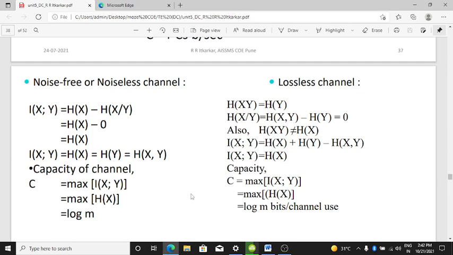Here is the noiseless channel. H(X|Y) equals H(X,Y) minus H(Y), which is equal to 0.